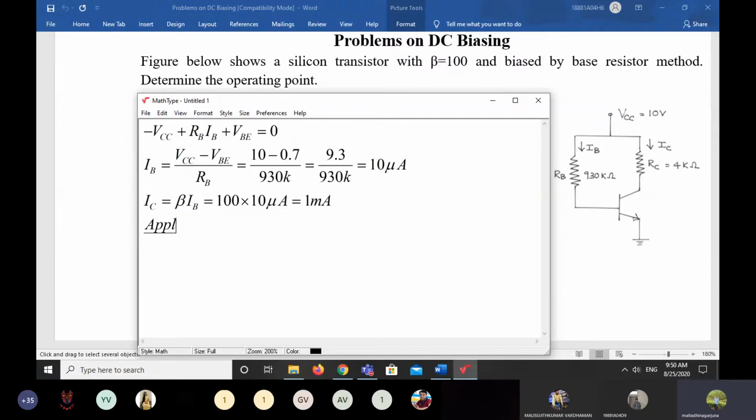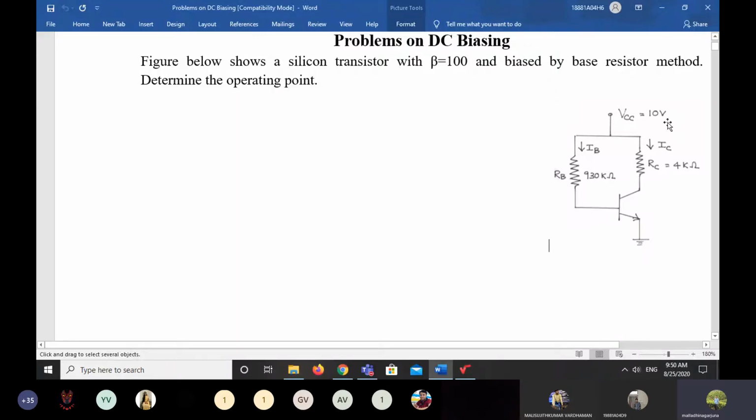Next, apply KVL to the collector circuit. Now go to the output outer loop. From VCC through the RC resistor, the voltage between collector and emitter, then ground.